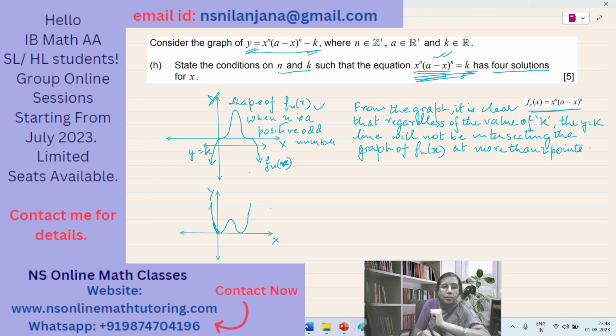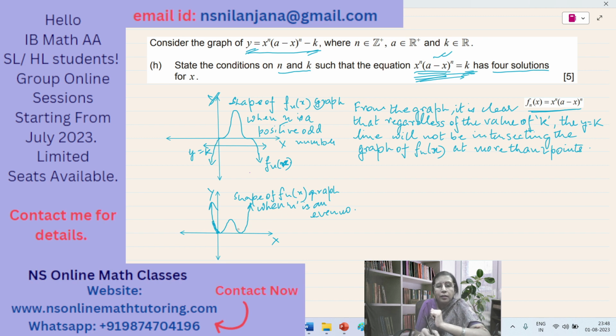So it is somewhat of this shape. Shape of fn of x graph. This is also the graph when n is an even number.